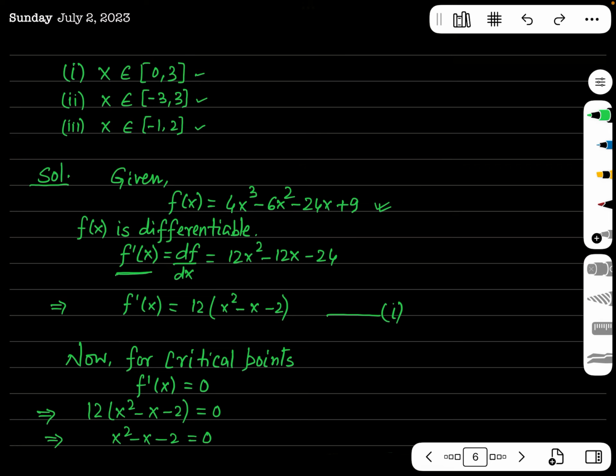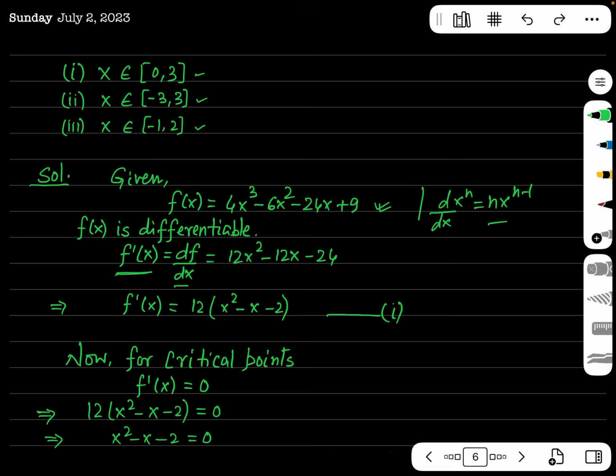This is f dash of x, which means df by dx. And you will easily differentiate this. Actually all this differentiation is based on the formula d by dx of x to the power n, which is n x to the power n minus 1. This is the first elementary formula for differentiation, and you all know about it.